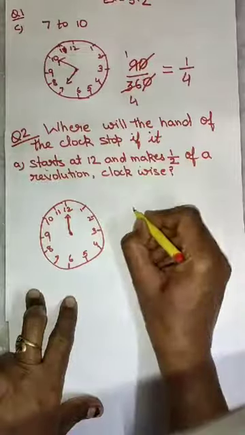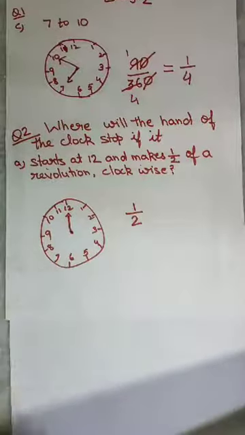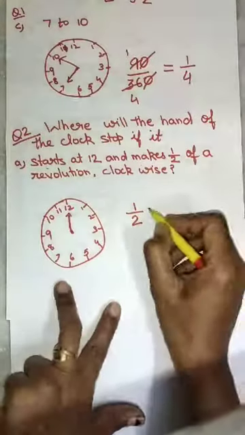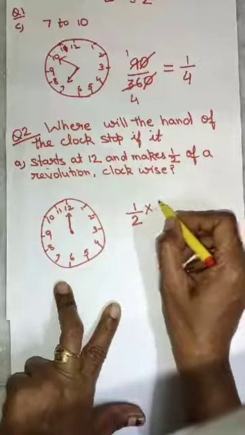Now we have to convert this fraction into degree, because we have learned right angle and straight angle. So we will multiply it with a complete revolution angle.